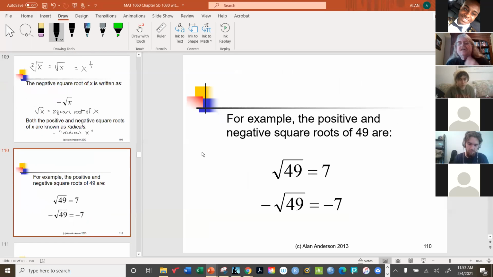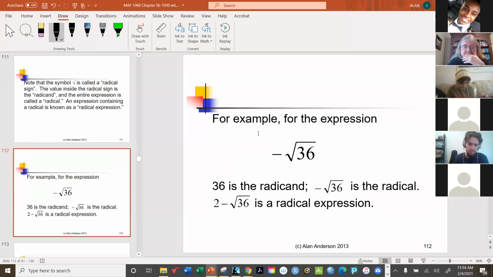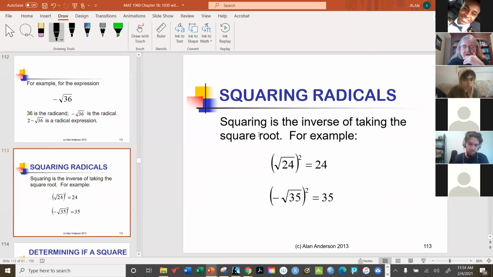All right, so now here, for example, if I take the square root of 49, I get 7. If I multiply that by -1, of course, I'll wind up with -7. All right, now, if I square a radical or a square root, I'll just end up with the original number.